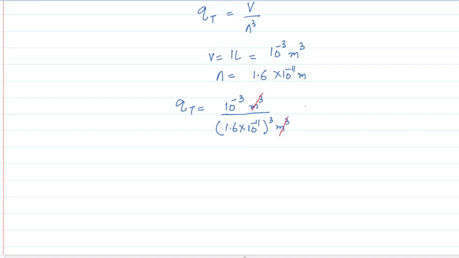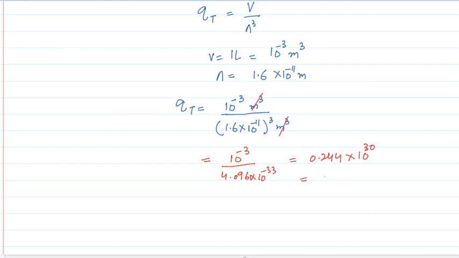Cubic meter and cubic meter will cancel. Multiplying 3 times, it will be 4.096 into 10 raised to power minus 33, so the result will be equal to 0.244 into 10 raised to power 30.